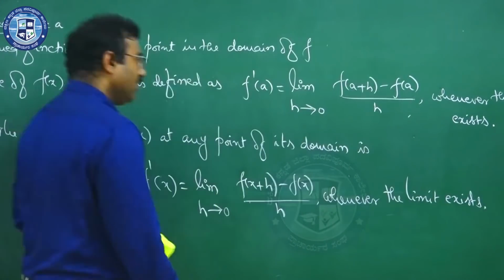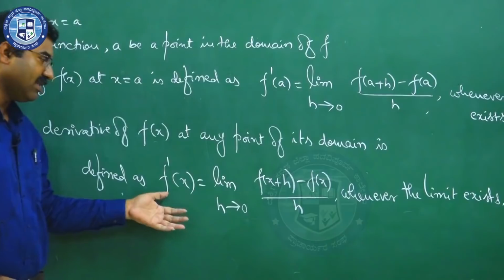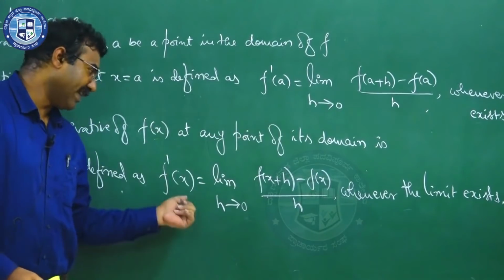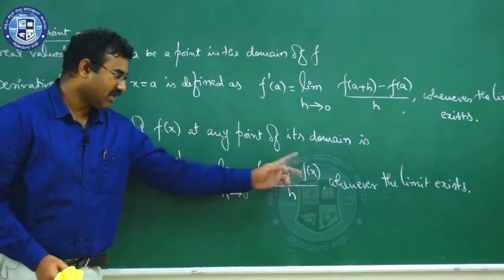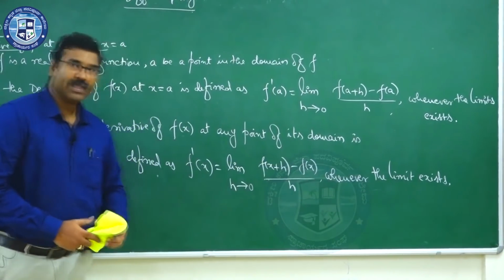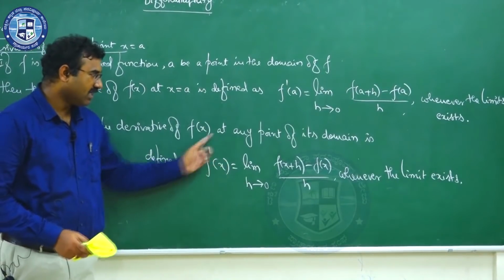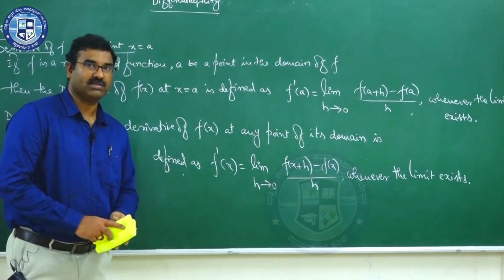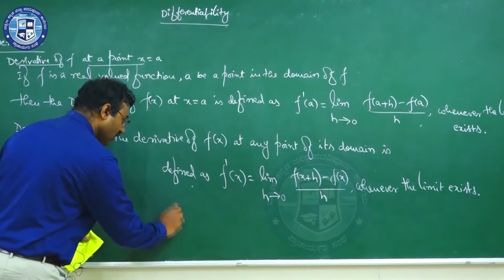So this is at a particular point and this is at some general point of its domain. So f dash of x is limit h tends to 0 f of x plus h minus f(x) by h. The name of this definition is also called the first principle of derivatives.